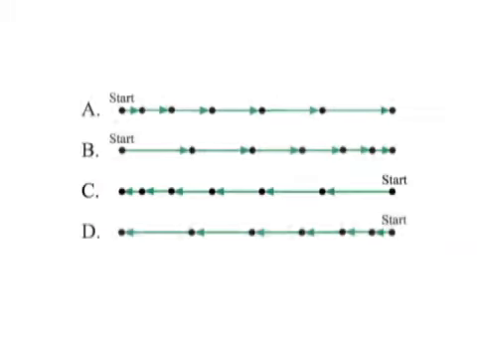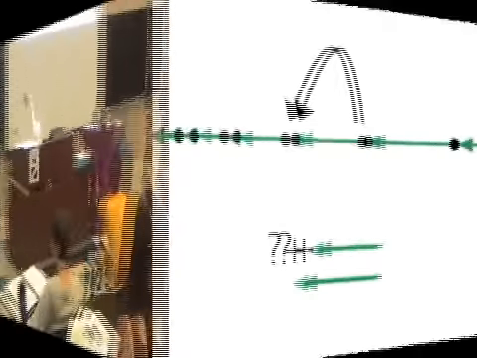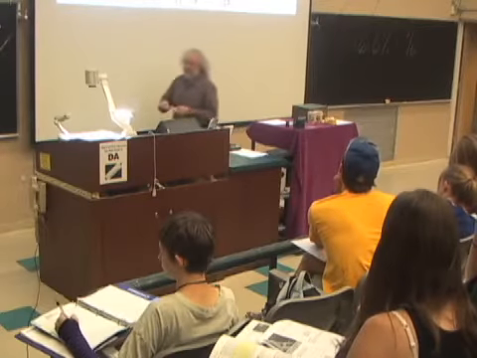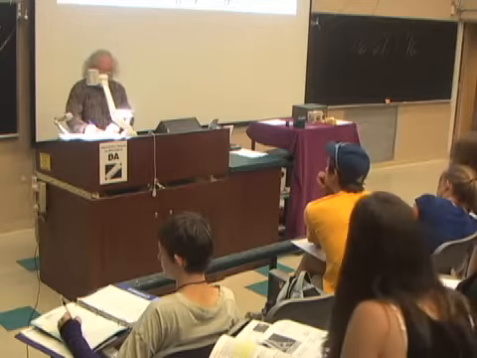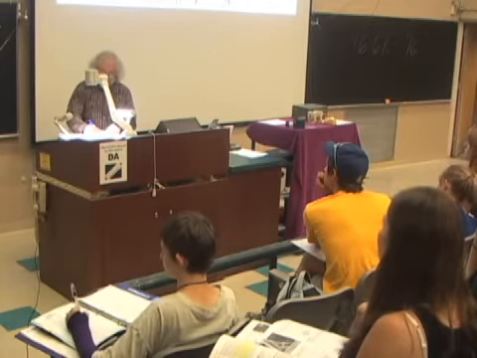Now think about C. This is an object which is moving to the left, but look, it's slowing down. So it's going to the left, but the amount that it's going to the left is decreasing. If I'm going to go from here to here, what do I have to add in order to get there? I've got a vector that's big and pointing to the left.